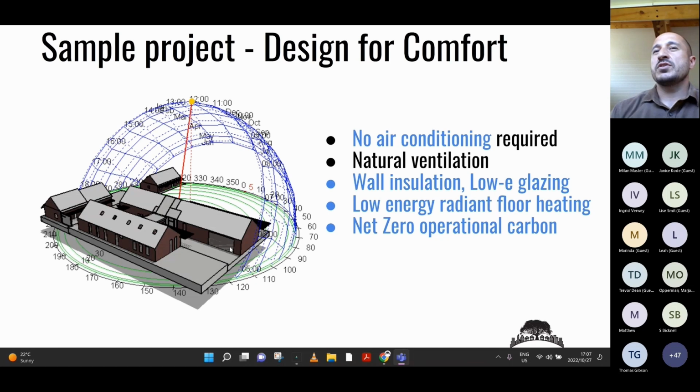Thanks, Matthew. So in this case, it was an air source heat pump, and you've got to balance cost effectiveness versus efficiency. We found it to be efficient enough to run with our renewables and still achieve net zero carbon. Ground source heat pumps, I haven't really used them in the South African context.